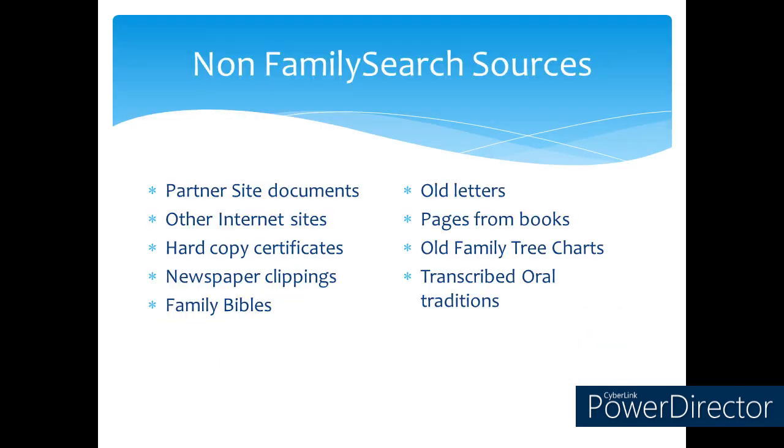The record image for a new source can be found in Ancestry and other partner sites, other internet sources, hard copy certificates, newspaper clippings, family Bibles, letters held by family, book pages, family tree charts made by older members of the family, and transcribed oral traditions. They can all be used, but must be converted into digital format and include sufficient source citation data to allow those that follow to evaluate their reliability.